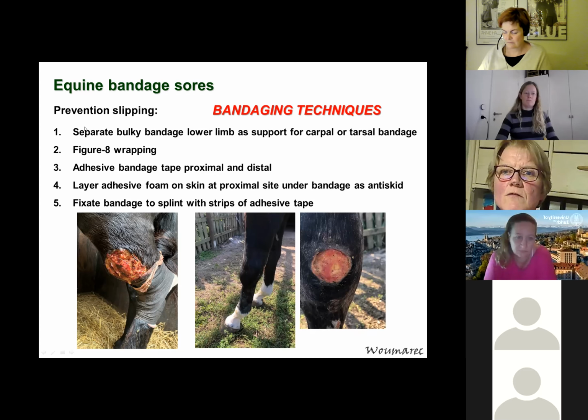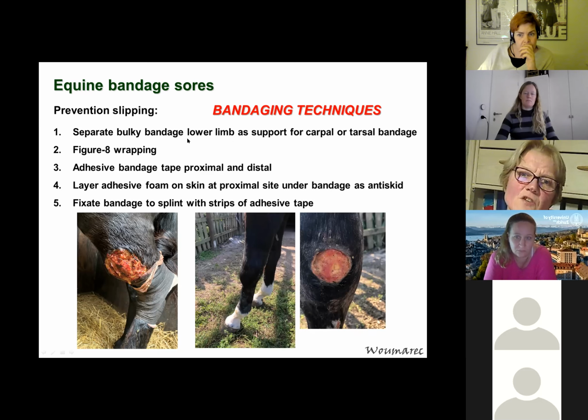And how can you do that? I have 5 tips for you, and I go through them one by one. The first is to make a separate bulky bandage of the lower limb, which can serve as a support for the carpal and the tarsal bandage. The way we apply the bandage on the carpus and tarsus is very important, and I will show you pictures of that.